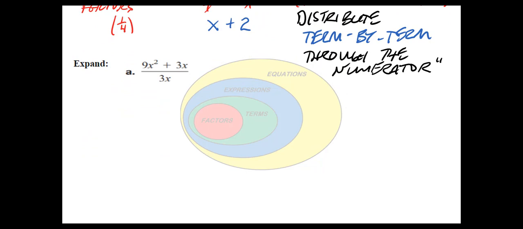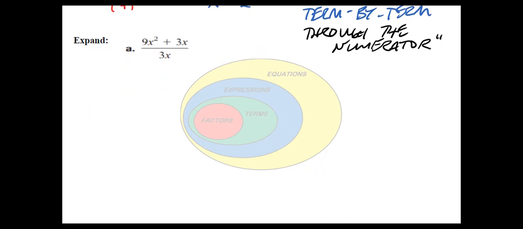It says expand, which means distribute. This is a fractional term. In the numerator, we have 9x squared plus 3x. So this is actually two terms, a binomial. In the denominator, we have a term of two factors, 3x. So what we're going to do is distribute the factors in the denominator.